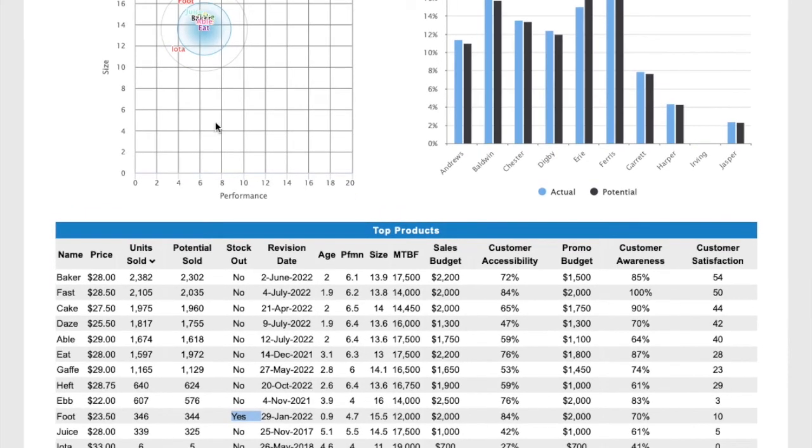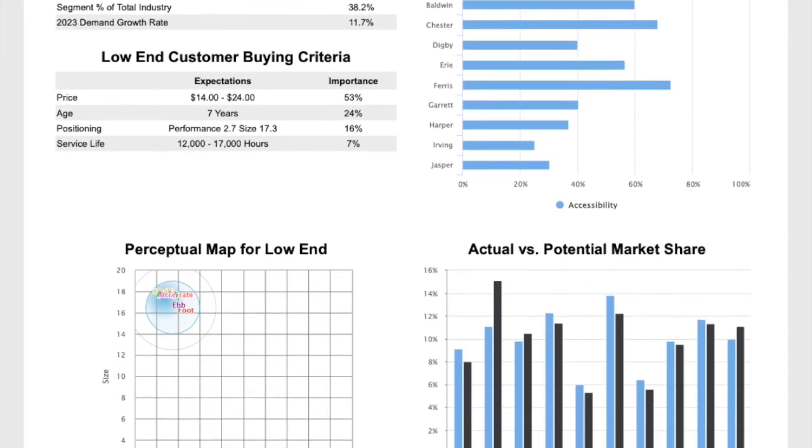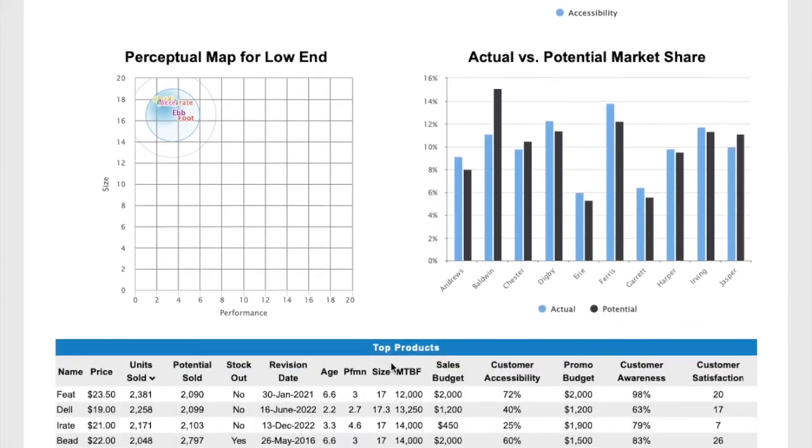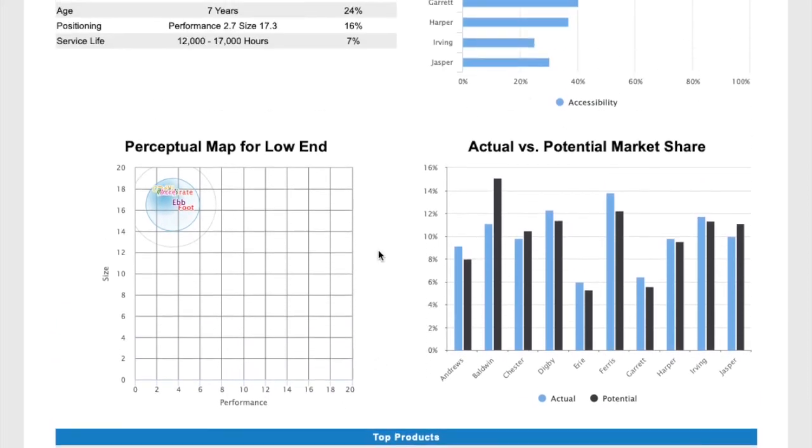So again, finding the ideal spot in a certain market is very important. And in low end, we have many teams hit on target, and you're all within this circle, and that means that you have pretty good sales. Most of the products will have pretty good sales in here.